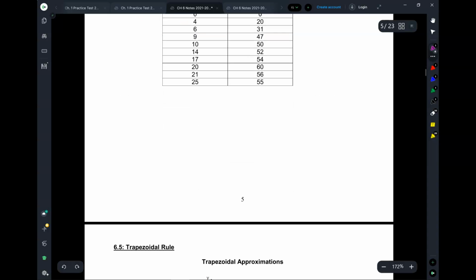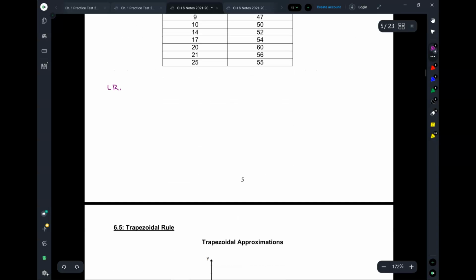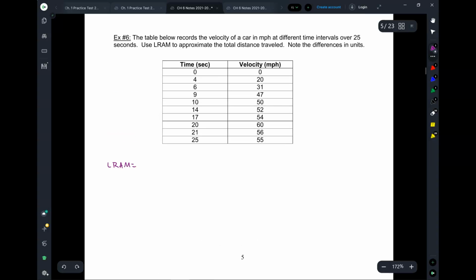So here's what we're going to do. We want to use Lram. First, you have to look at the intervals. Each interval here, 4, 2, oh my gosh, they're different. The rectangles are not of the same width, so I can't just put one number outside. I have to do each rectangle separately.